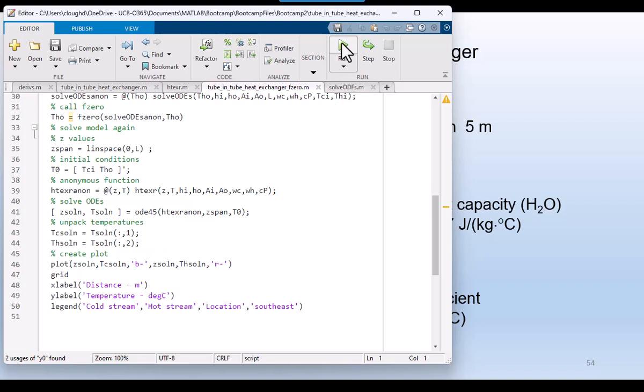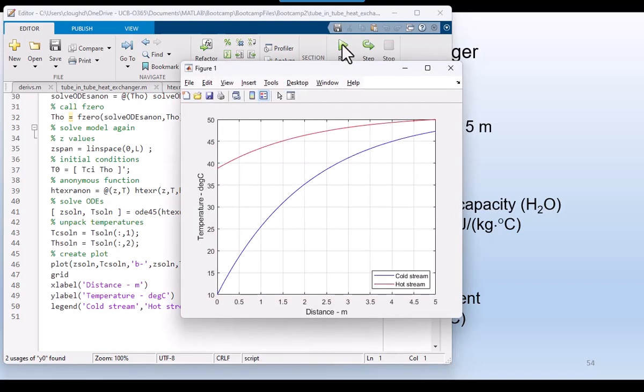And let's run this. And this is the solution. And you'll notice now it doesn't start quite at 40 degrees. It's lowered it down to 39-ish. And it's hitting our target exactly of 50 degrees at Z equal 5 meters.